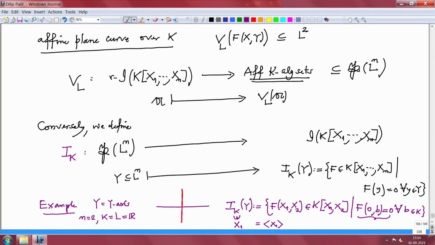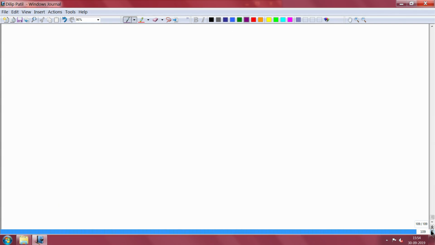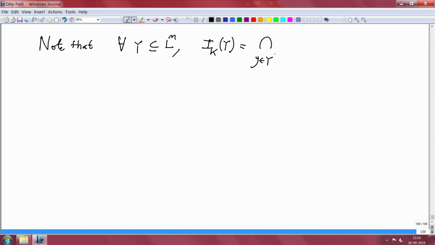And note that by definition of ideal, for every subset Y in L^n, I_K(Y) is precisely the intersection over y in Y.